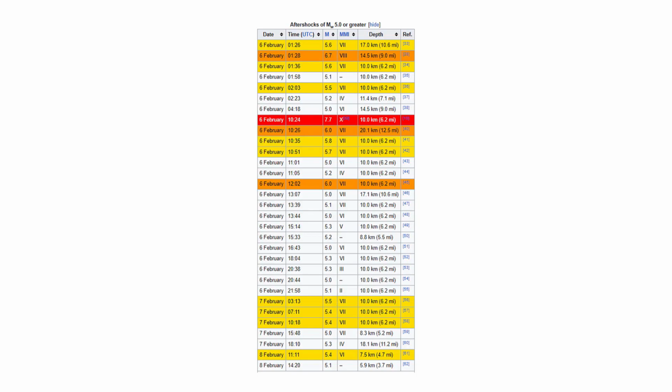Many of the buildings still survived the first shock without collapsing, but there were many aftershocks, and one of them was big enough, like 7.5 magnitude. So these aftershocks further brought the damaged structures to collapse. So here you can see there are so many aftershocks.